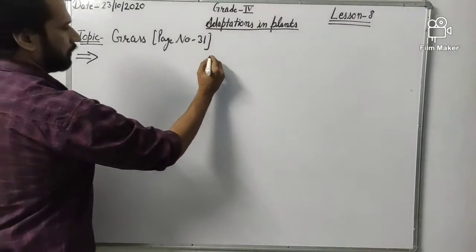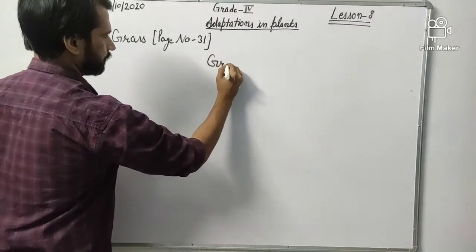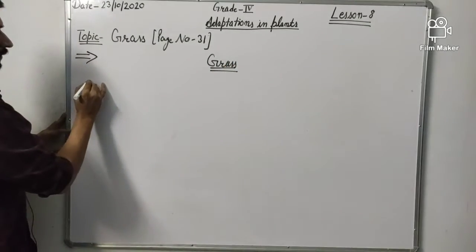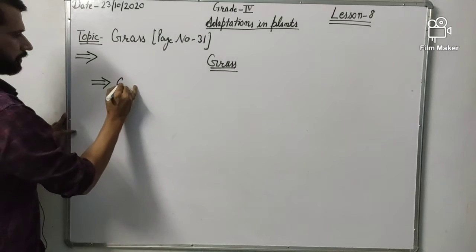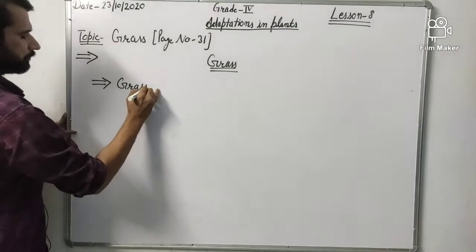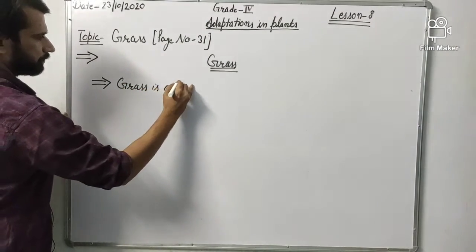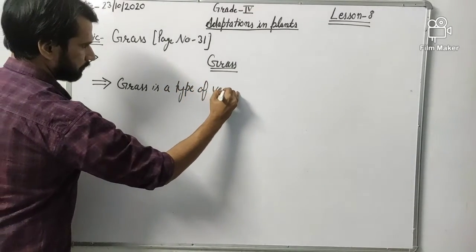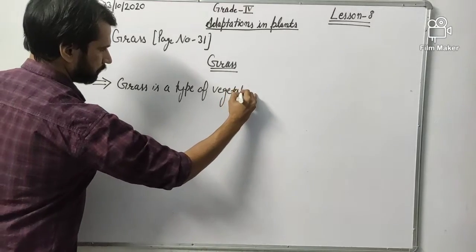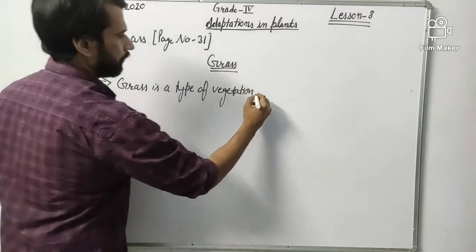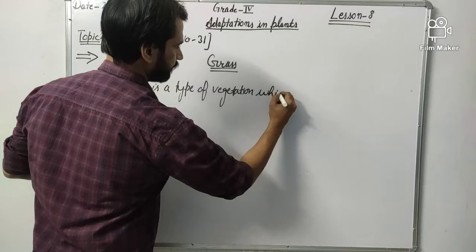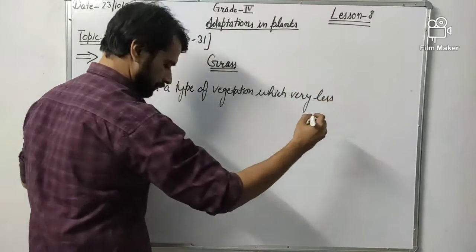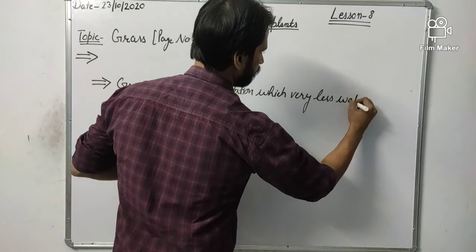So what are grasses, or what is grass? Grass is a type of vegetation which needs very less water to grow.